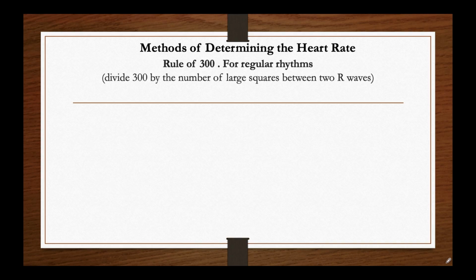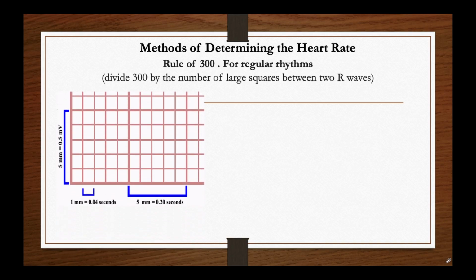What do I mean by this? If you recall in our introductory video to the ECG paper, I said that one small box takes 0.04 second. And how do you come by the 0.04?